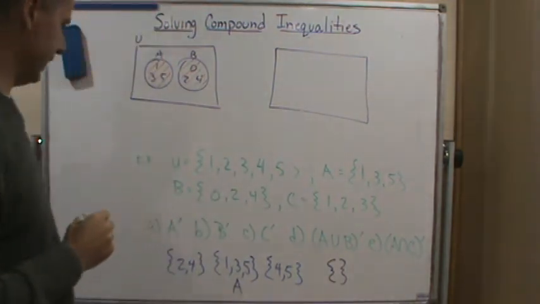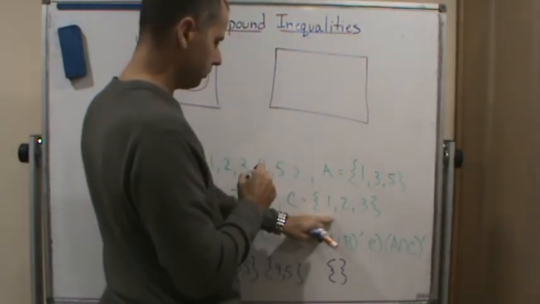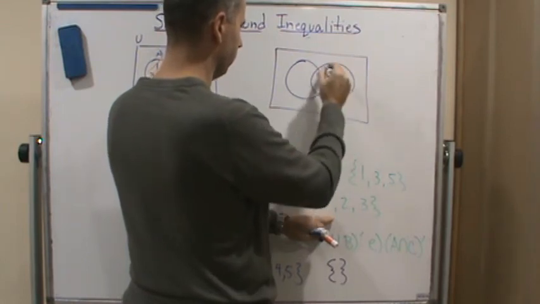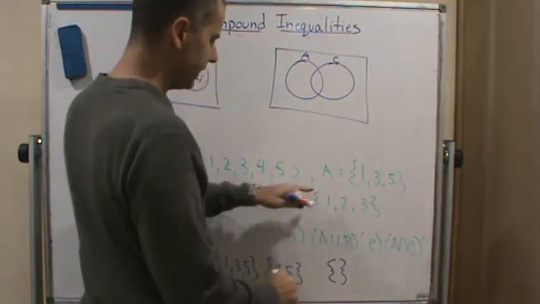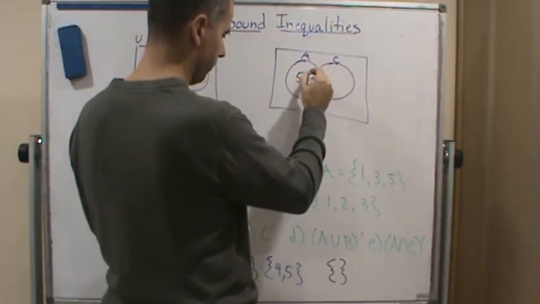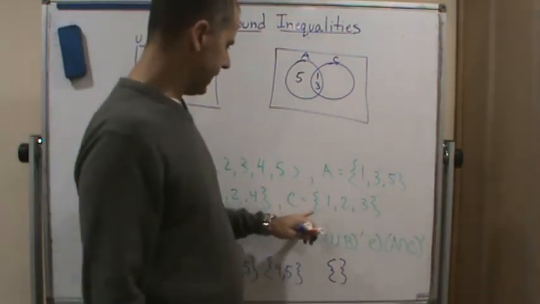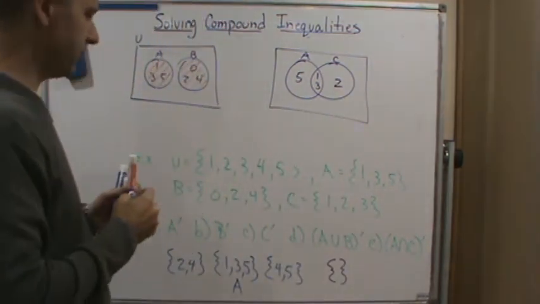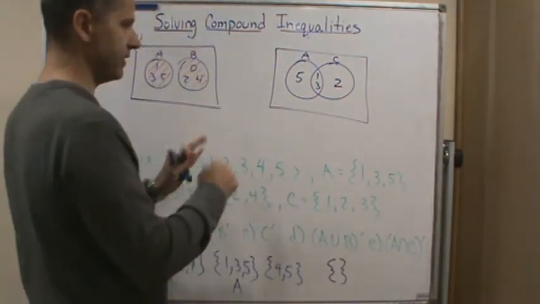So let's take A and C. A contains 1, 3, and 5, and C contains 1, 2, and 3. Because they both have 1 and 3 in there, there's overlap there. So this is the situation.